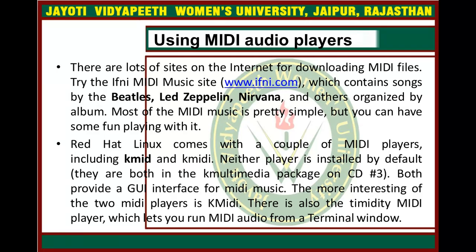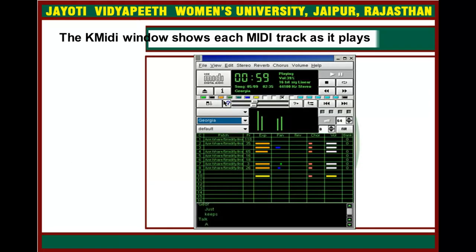The more interesting of the two is KMIDI. There are also MIDI players that you run from a terminal window. Now you can see the screen of the KMIDI window, which shows each MIDI track.